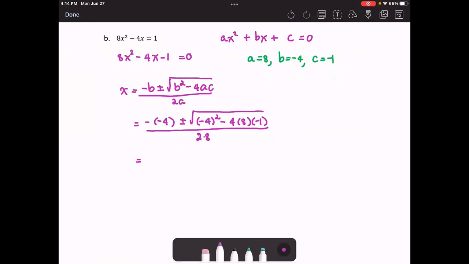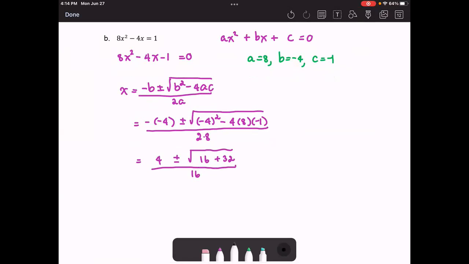Simplify the numbers completely. Negative 4 becomes positive 4, plus or minus the square root of negative 4 squared, that is 16. Negative 4 times 8 times negative 1 becomes positive 32. All divided by 2 times 8, which is 16.